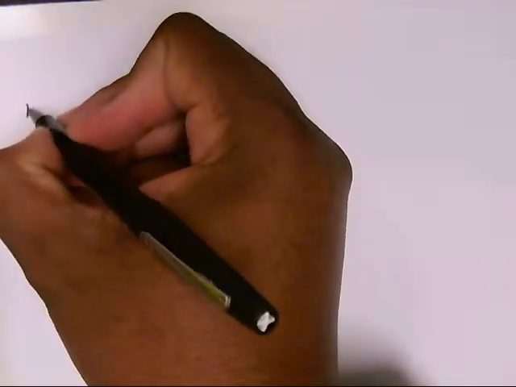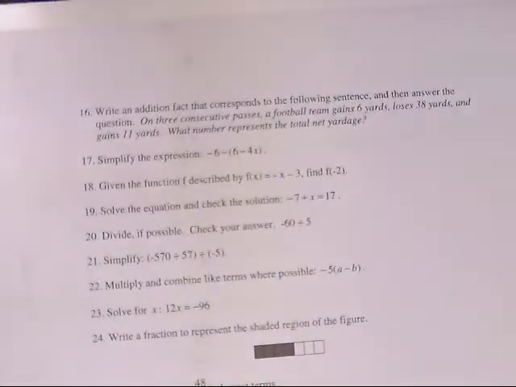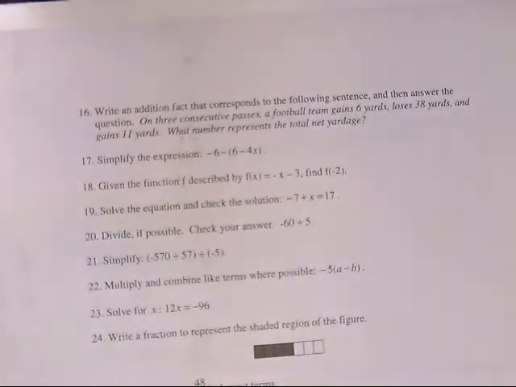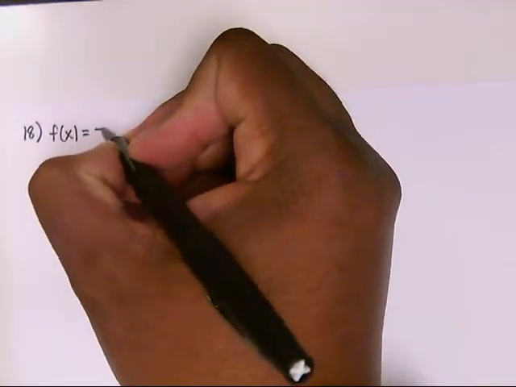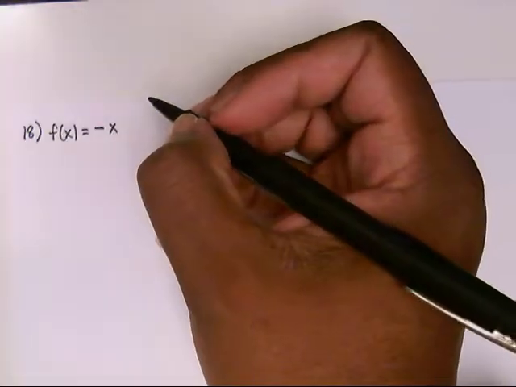Okay. Alright, number 18. Given the function f described by f of x equal to negative x minus 3, find f of negative 2. So in this case, we've got f of x is equal to negative x minus 3.